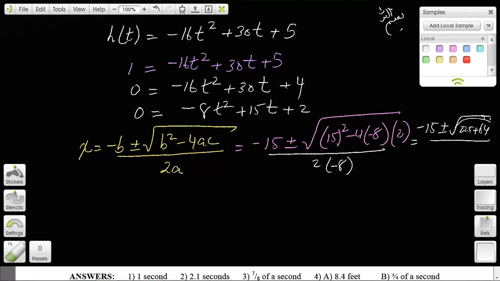So all of this ends up being 289, whose square root is 17, and the denominator is negative 16. So this is negative 15 plus or minus 17 over negative 16.